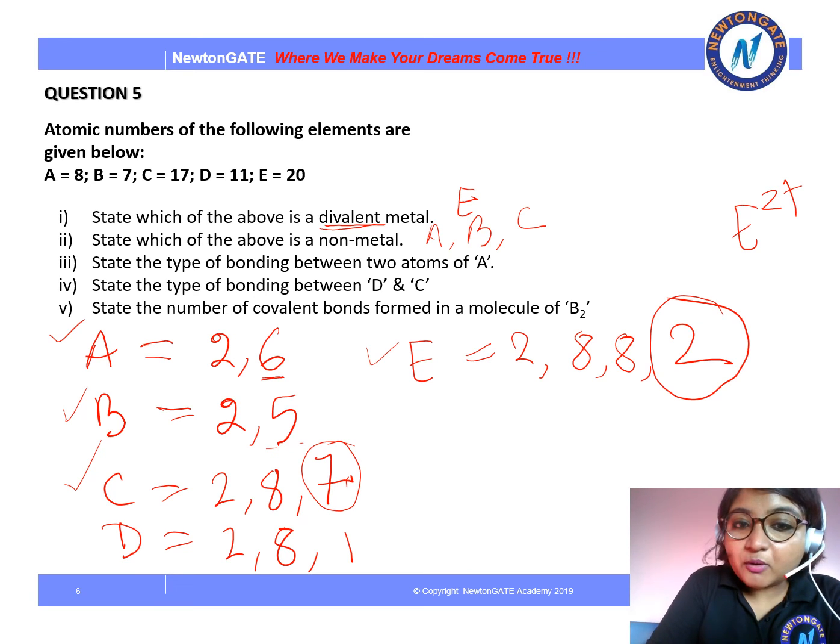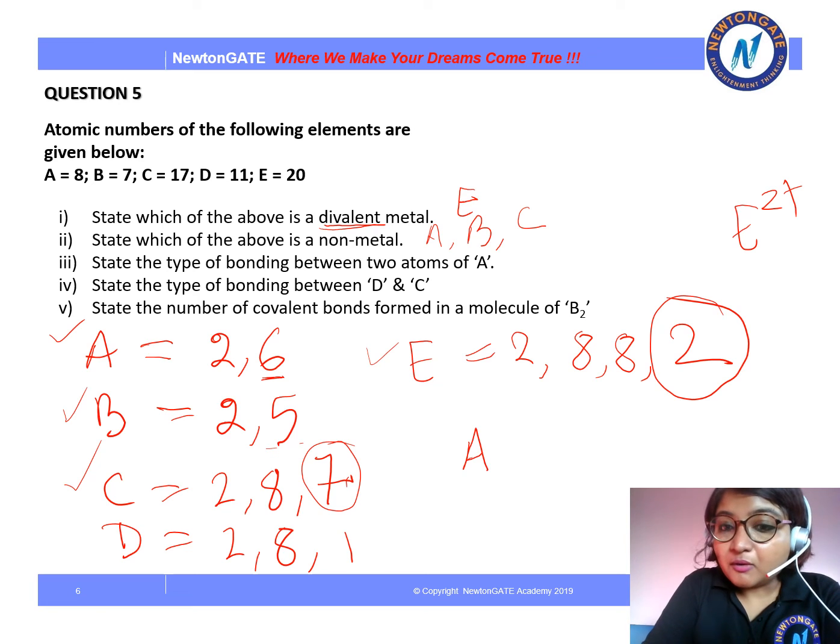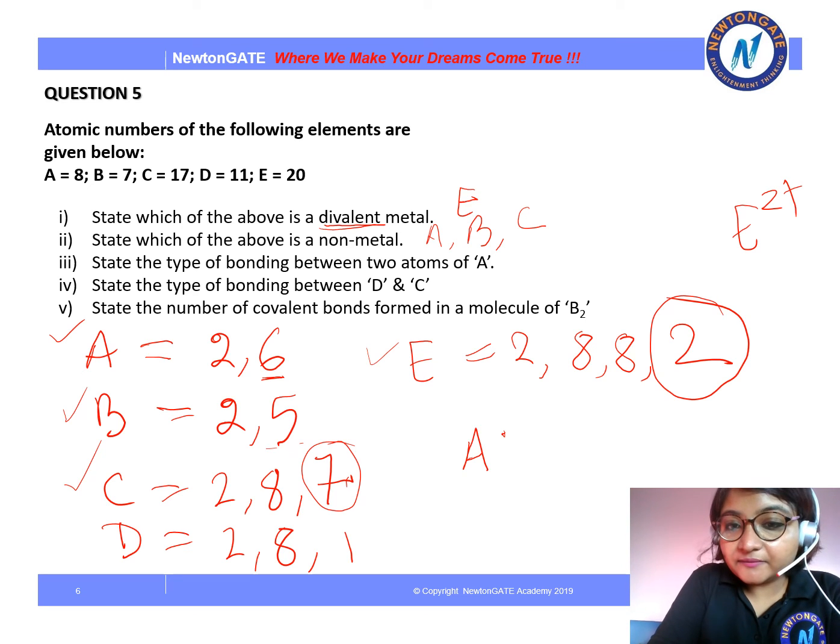State the type of bonding between 2 atoms of A. A's electronic configuration is 2, 6. The valence electron is 6. So that means it needs 2 electrons. So there are 2 atoms of A. One atom of A will take 2 electrons from the other A and vice versa. So let me draw the electron dot structure for this.